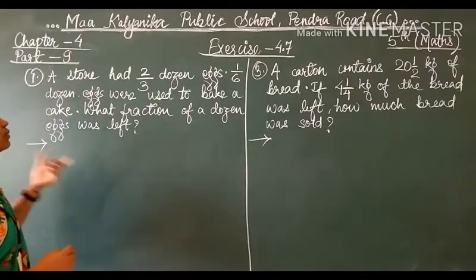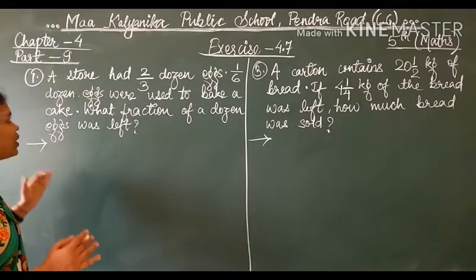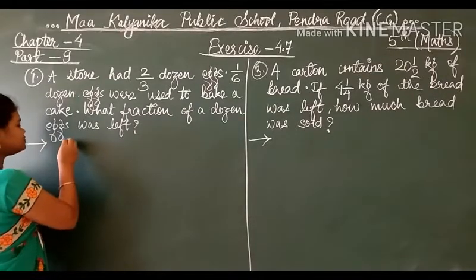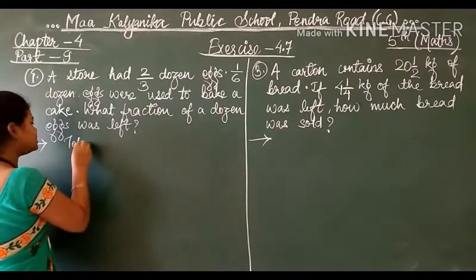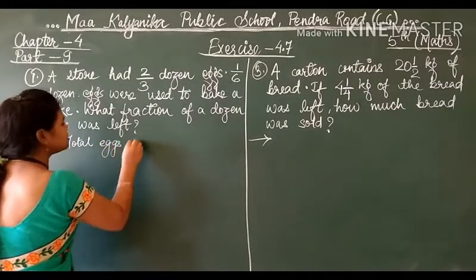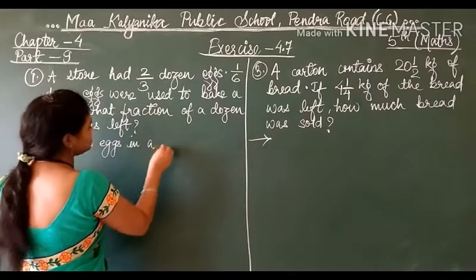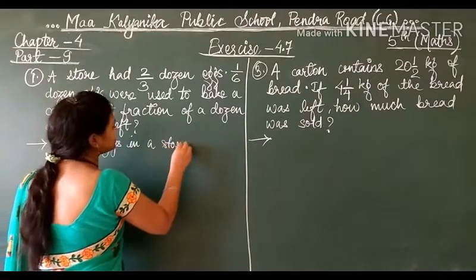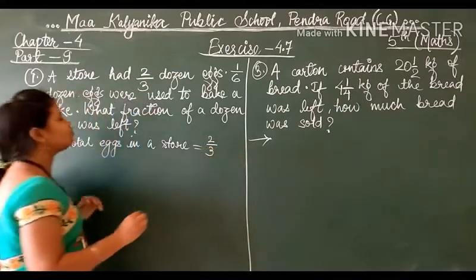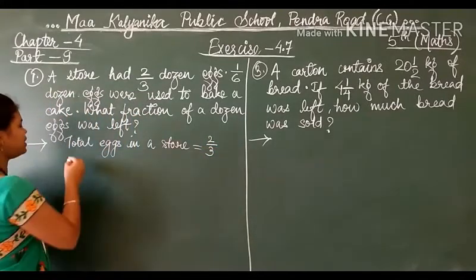So see students, first we have to write what is given in the question. 2 by 3 dozen eggs was the total eggs in a store. Now 1 by 6 eggs were used to bake a cake.